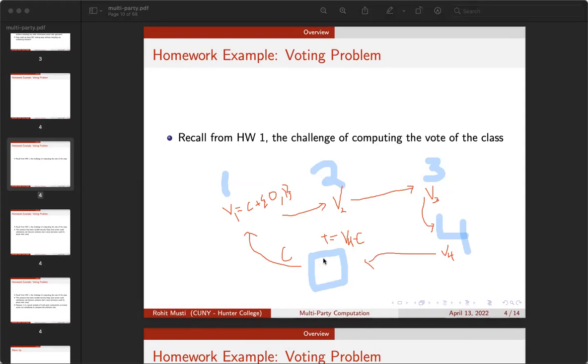And we'll do another handy poll. This poll is about how well you understand this problem and how it relates to multi-party computation. Okay, so we're feeling pretty good about it.